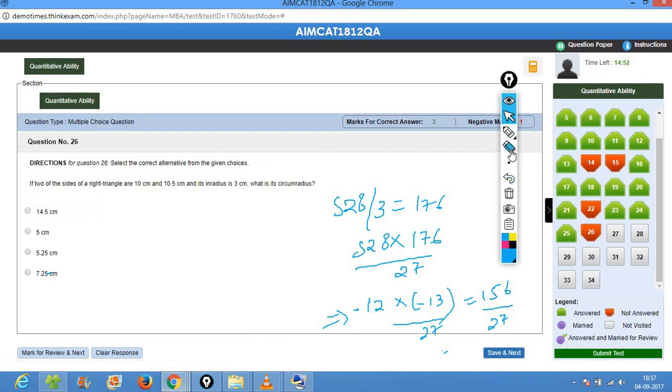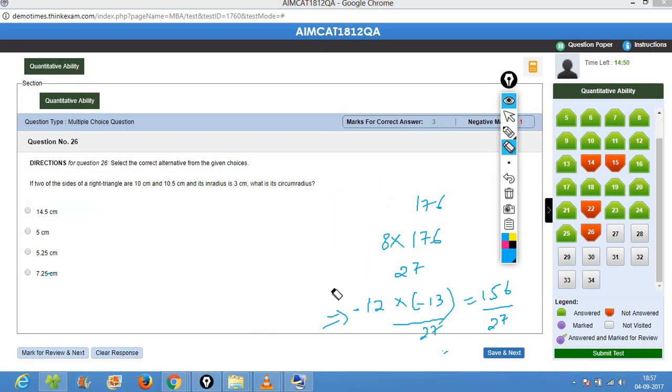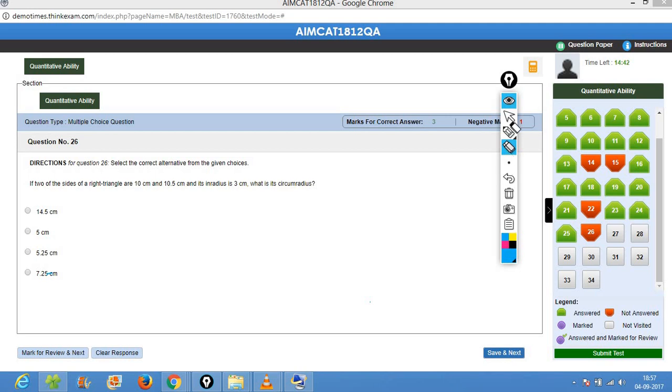You know, an easier one. Two sides of a right angle triangle are 10 and 10.5 centimeters. For the circumference, the radius is needed, so if I am able to find the hypotenuse, I would be able to find the circumradius.